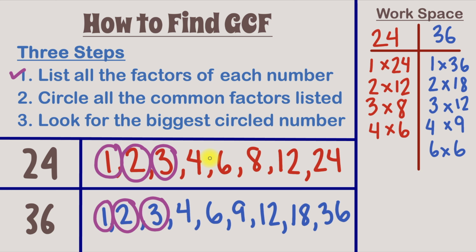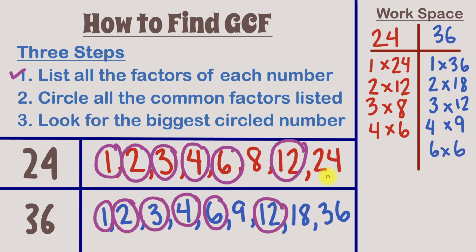We can circle 4. We can circle 6 because it's in both rows. We can't circle 8 because it's not here. We can't circle 9 because that's not here. We can circle 12 because that's in both rows. And I believe that's it, Math Aces, because none of the other numbers are in both rows. So we're done with step 2.